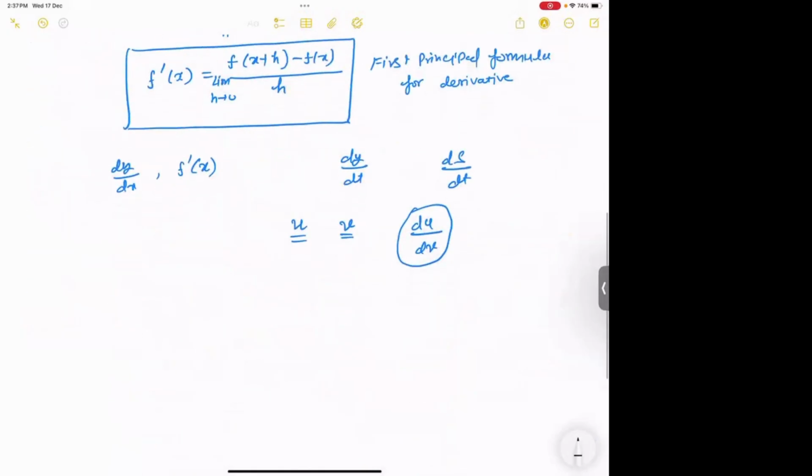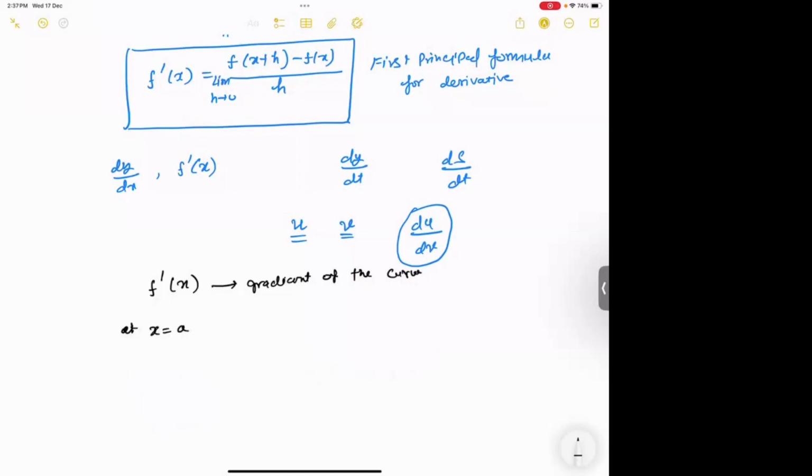Right? So we get a derivative function, f dash x or f prime x. This is giving us gradient of the curve. So it's a gradient function. And if we want to find the gradient at a particular point, let's say we want to find gradient at x is equal to, let's say, some point a.